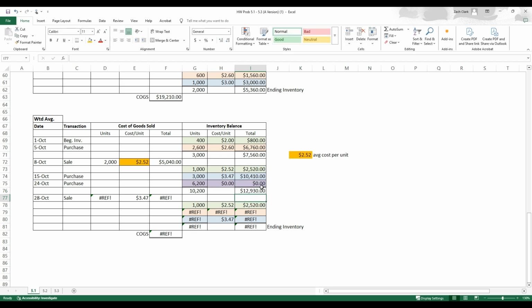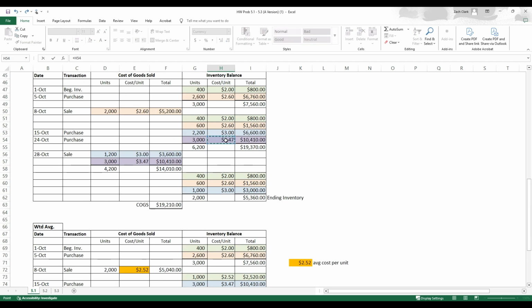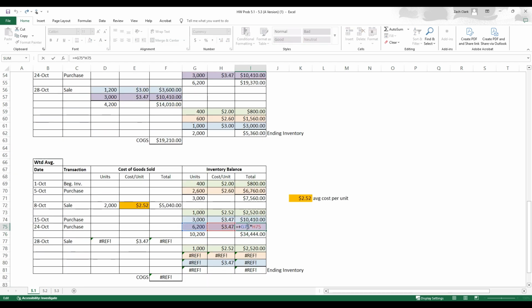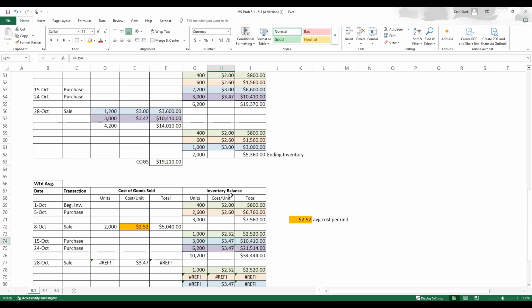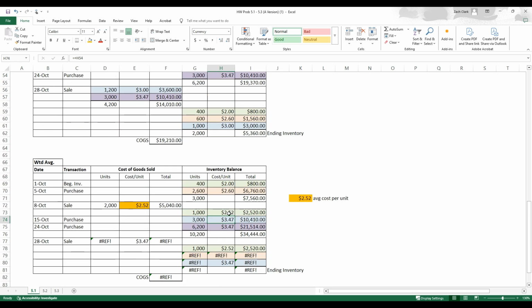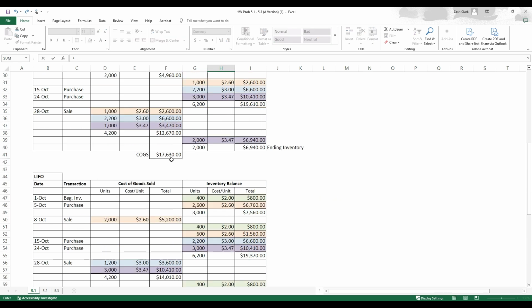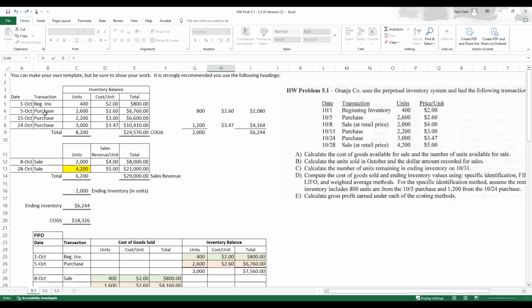Then we still have the same purchases coming in. Oh, that one got messed up somehow. So 347. Wait, is that right? I think something got a little off because I deleted some stuff. Let me link to the source material. Oh shoot.